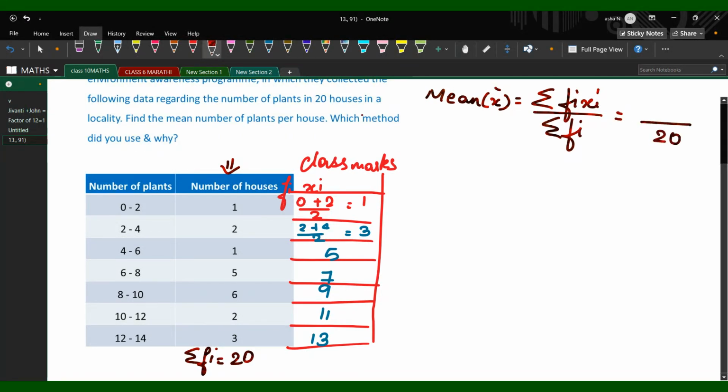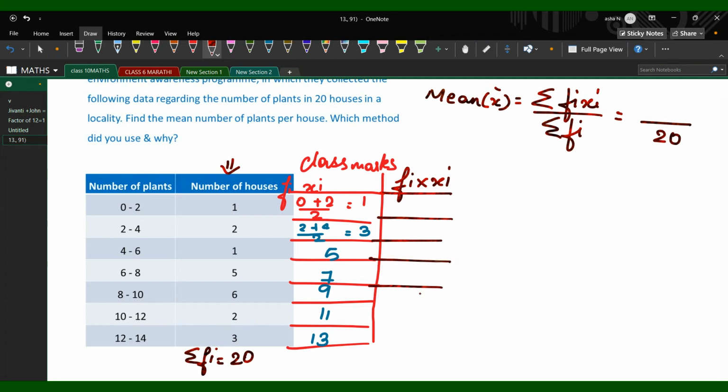Now fi xi. We have fi, now we will multiply it by xi first. Let us extend the columns here. For xi, you will take 0 plus 2 divided by 2, which is equal to 1.